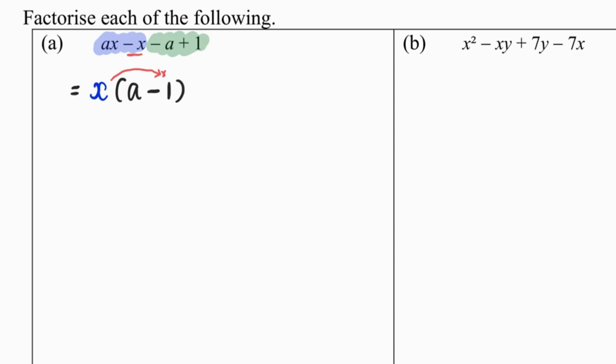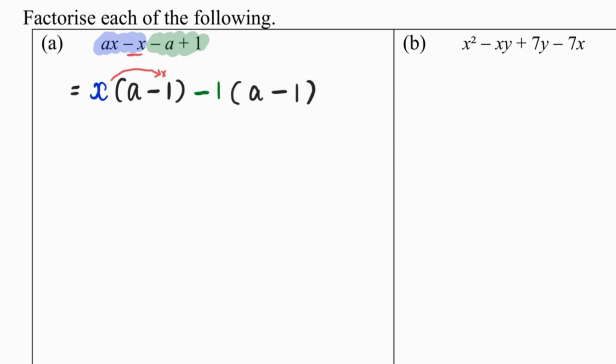Okay? And at the other side, I realize there is no common factor between the variables a and 1. So what do we do in this case? I'm going to take out negative 1 as the common factor. And when I do that, I'm left with a minus 1.